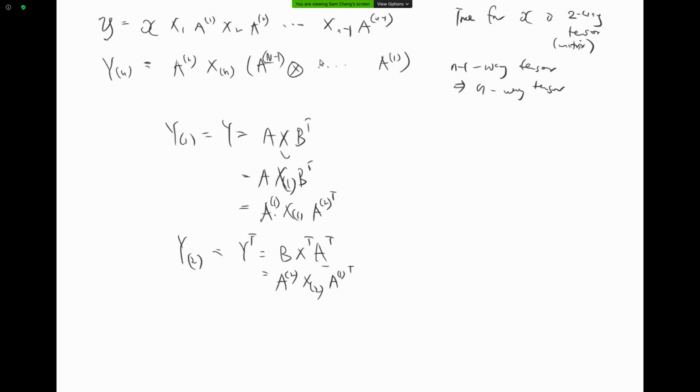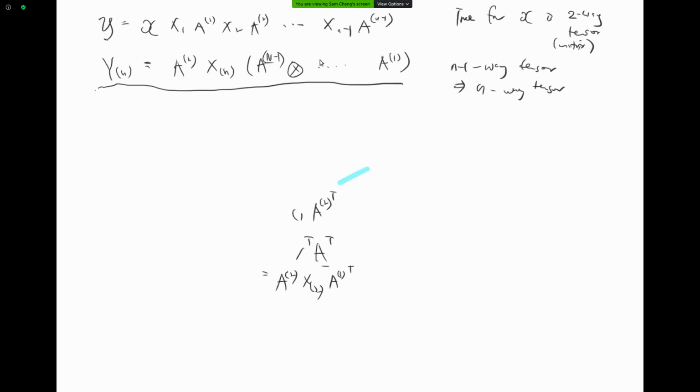Again, this one here by assumption we think is true, then we hope to show that if I have y equal to x times this, then I have yn equal to this.